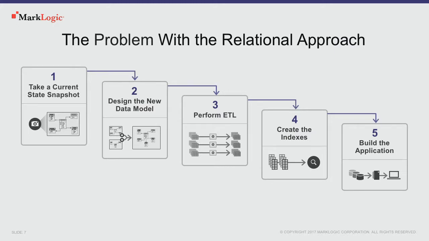So let's delve into why, a little bit more about the relational approach that's difficult. I said we've got a lot of different data sources that we want to conform into a single model. That alone is pretty difficult. This is a generic view, which makes it a little bit easier to see, but we're really talking about some of the same stuff. You've got a waterfall approach, a sequential approach to the different activities.